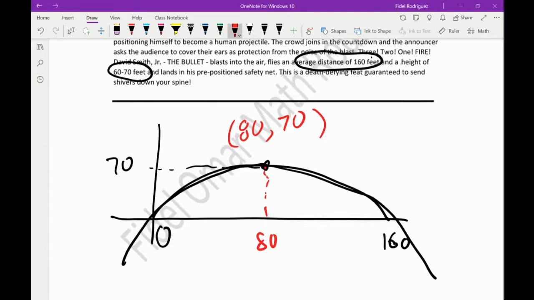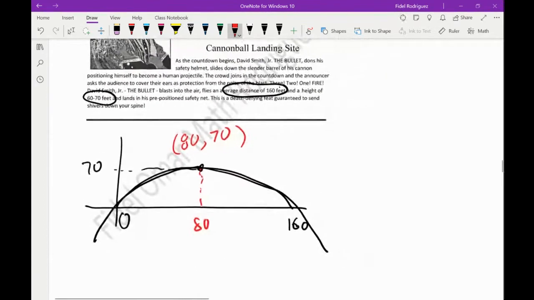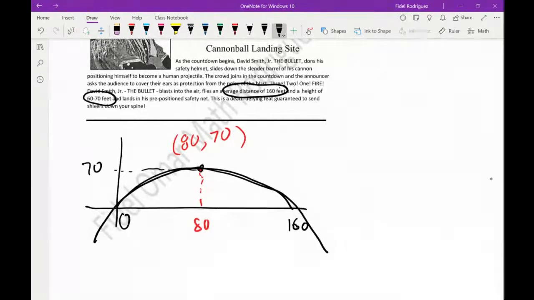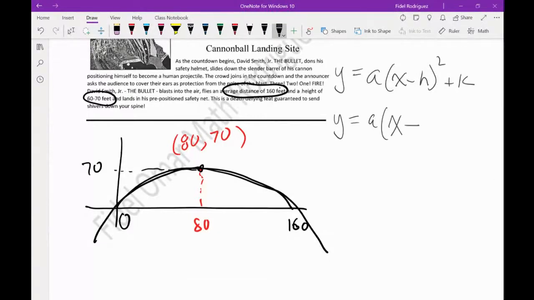Okay? So look, we can start writing out our equation. I'm going to do it just like we did before. And so look, we're going to go real slow. x minus 80 squared plus 70. Okay?